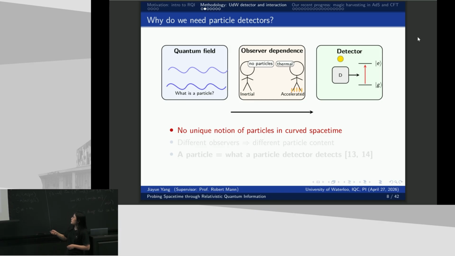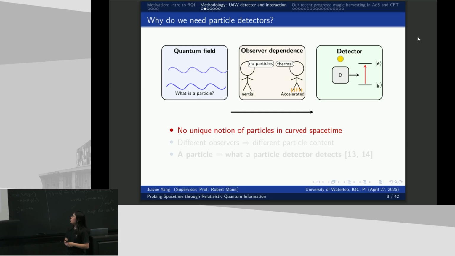The Unruh detector is just a very simple quantum mechanical system. For example, a qubit can be an Unruh detector. And when there are some field excitations, for example, a photon, then your detector can observe the field quanta. You can observe a photon and let your detector go from ground state to excited state. So this will let your detector click.